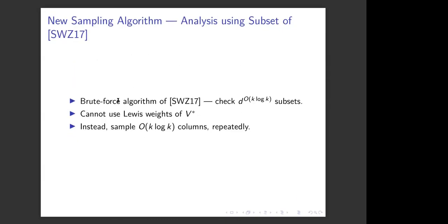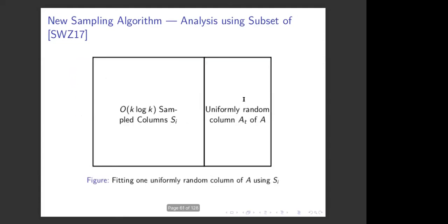In this paper, they observed that you could just try all subsets of size O of k log k, and you find one subset that gives us a square root k log k approximation. But we're looking for polynomial time algorithms, so that's no good. Instead, we can just sample O of k log k columns repeatedly. In the sampling algorithm from those previous papers I mentioned, they sampled 2k columns per iteration, and instead we sample O of k log k columns per iteration.